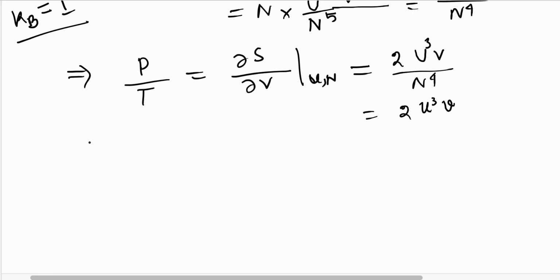That was one relation. The second relation is minus mu by T is equal to del S del N, keeping U and V constant.